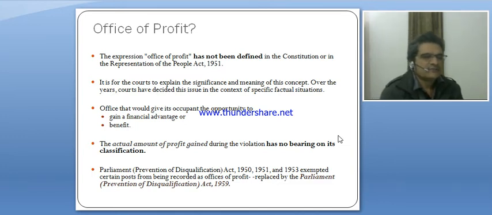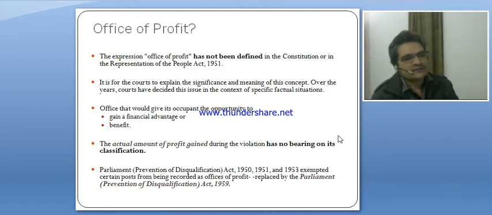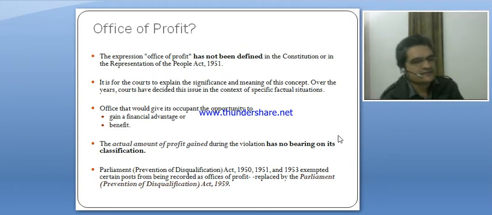But subsequently, by an amendment, that post of Chairman of the National Advisory Council was also added in this act. So by inclusion of that post in the act, the debarment process cannot start, because it has been declared that such and such office is not an office of profit.